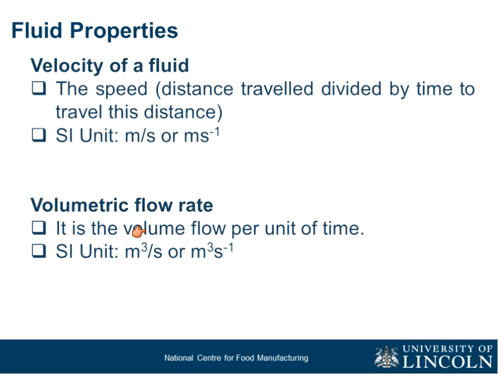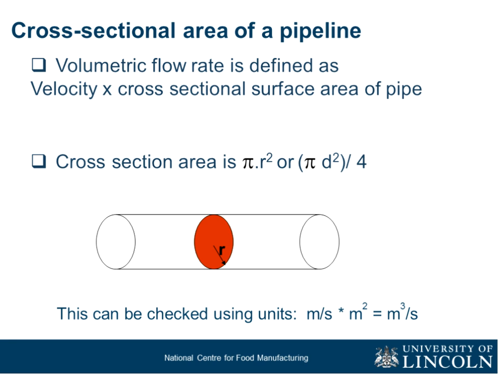This one is talking about volume per time, meter cube per second. From that unit, you can see what you need to multiply by. If I multiply my velocity by area, I will get the volumetric flow rate, because my area is in meter square. Let's look at how it's done.